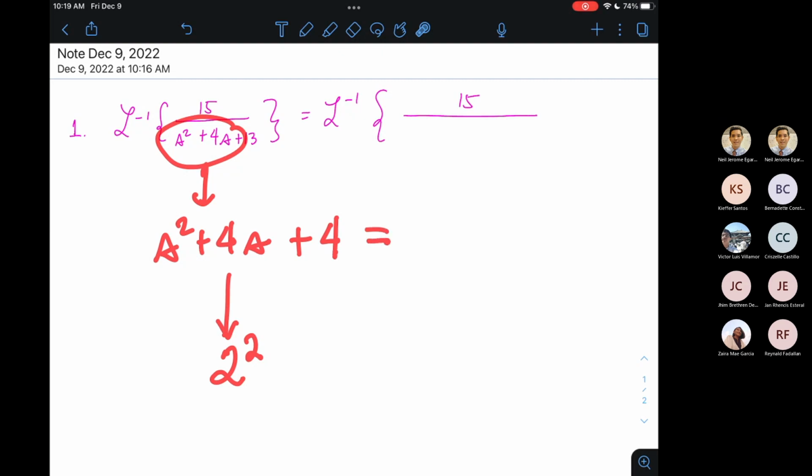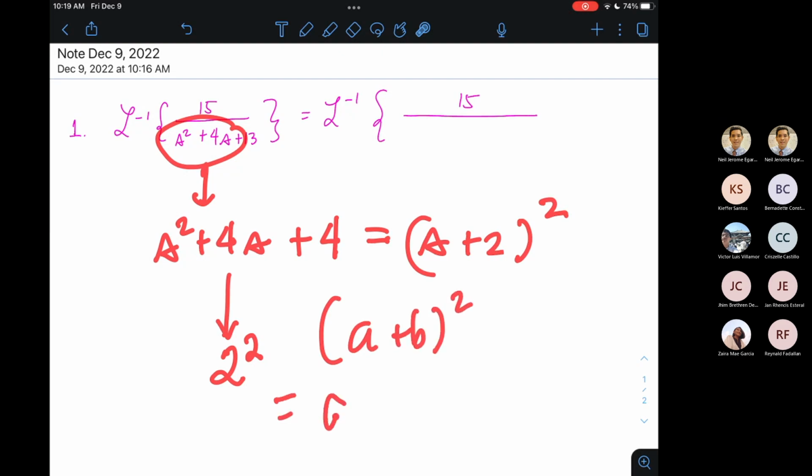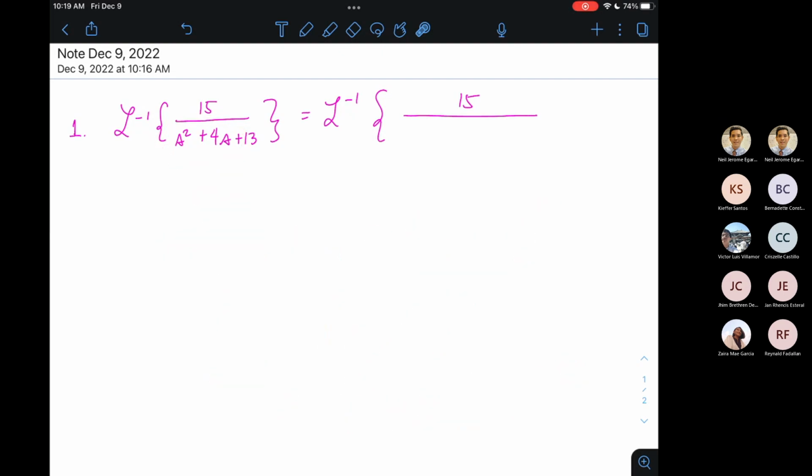Because I can now factor this trinomial as s plus 2 quantity squared from the special product, right? Remember, the special product for a plus b squared is a squared plus 2ab plus b squared. Right? So we simply need to divide this by 2, or the numerical coefficient by 2, and then square it to get our b squared.